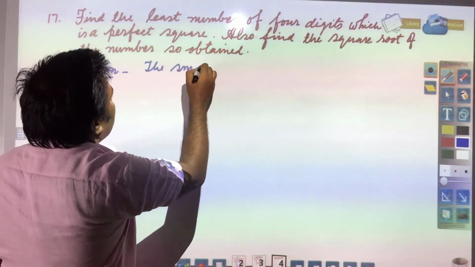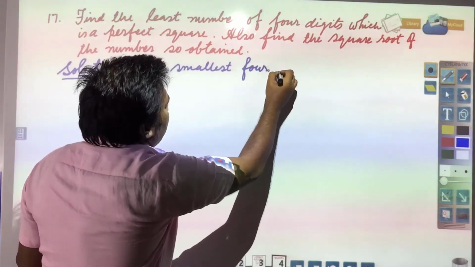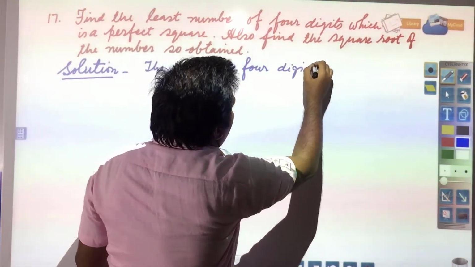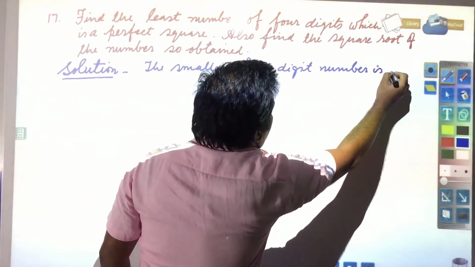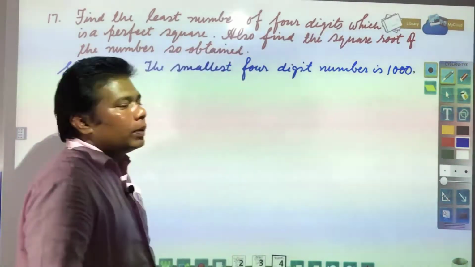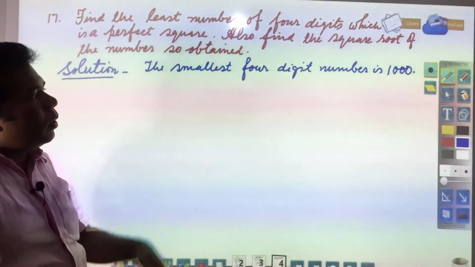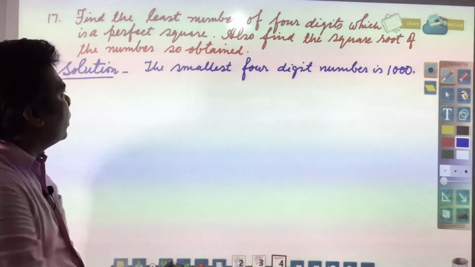The smallest 4 digit number is 1000. We need to try to find out the square root of this number.